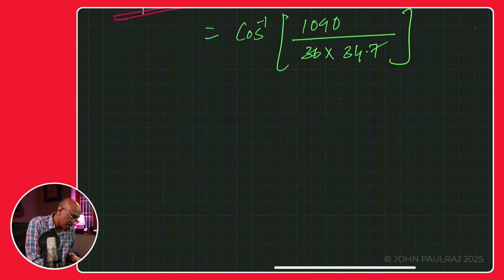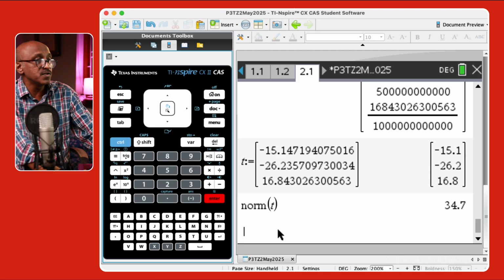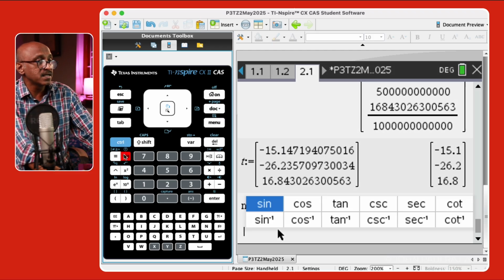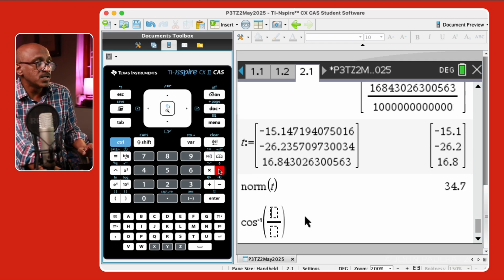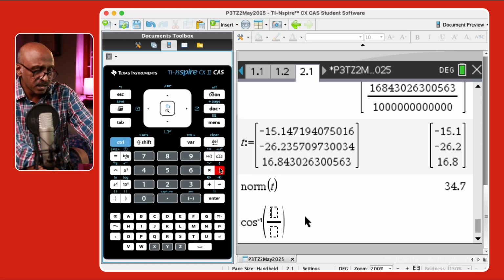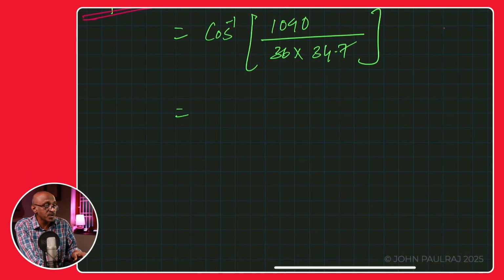Then let's ask the GDC to do one more magic at the last for you, which is cos inverse. So come back here and cos inverse of. Now put down this expression as you see. I'm going to enter this entire expression as it is.